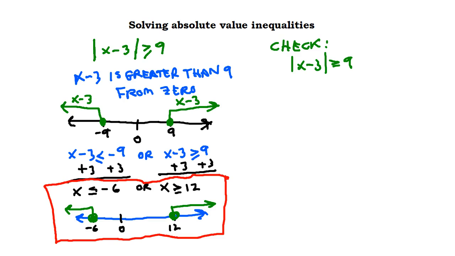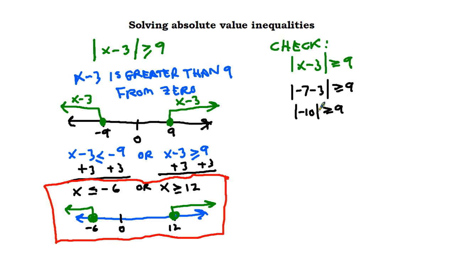And what we're assuming is that if I use x less than -6, this is going to come out okay. So I'm going to try x is -7. So I'm going to go ahead and say the absolute value of -7 minus 3 is greater than or equal to 9, and that is the absolute value of -10. Notice these guys don't become positive, and then that's greater than or equal to 9.